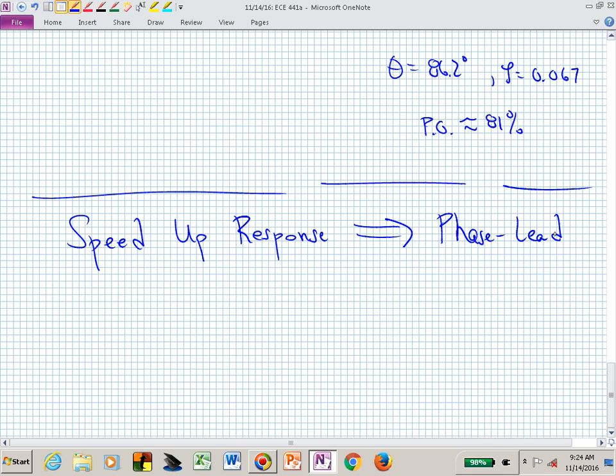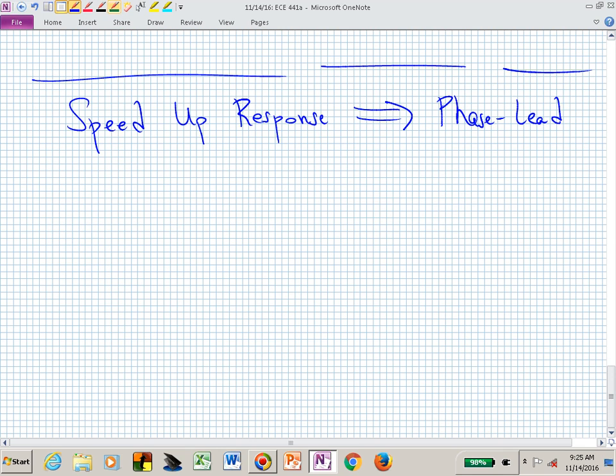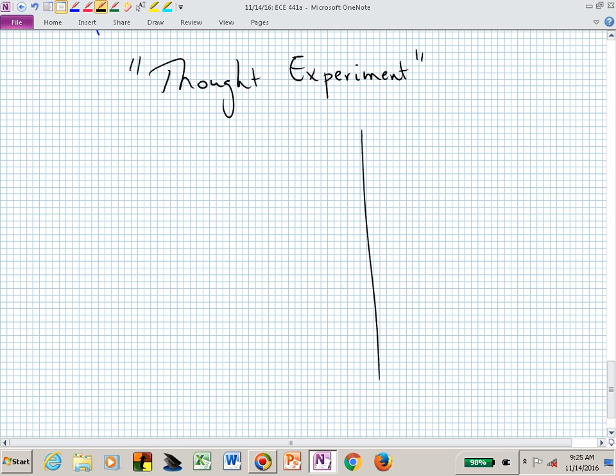Before we even get to a phase lead, let's do a thought experiment. The reason this is a thought experiment is because we really don't want to do this in practice, but it gives us something to think about. We started with our poles here, and suppose that I put in just a 0.